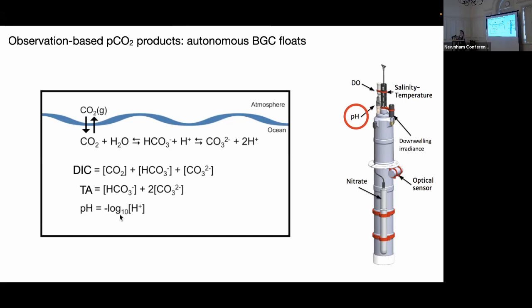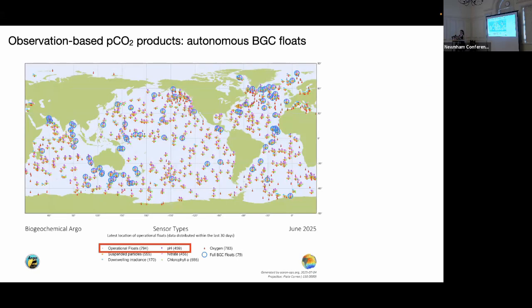So the pH is related to the concentration of hydrogen protons in the water. In general, the more carbon we put in, the higher the concentration of protons, and so the lower the pH, and that's linked to the problem of ocean acidification. But the point is that here we have information on the pH, so we can basically get the reconstructed pCO2.